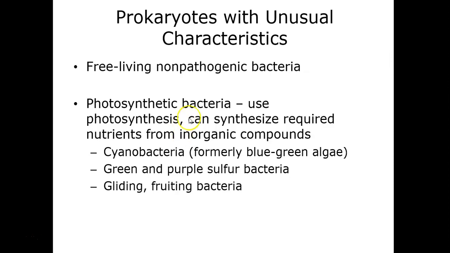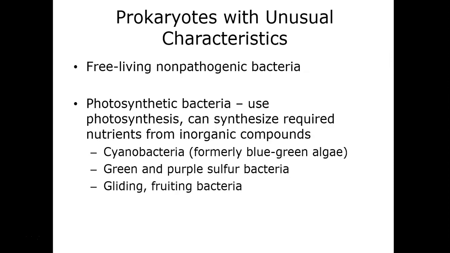We also have what are called the green and purple sulfur bacteria. These are a little bit different in that they are anoxygenic photosynthesizers. Anoxygenic means that they do not produce oxygen as a byproduct when they undergo photosynthesis. The purple and green sulfur bacteria, as you can see by the word sulfur, actually use hydrogen sulfide as their source of electrons.